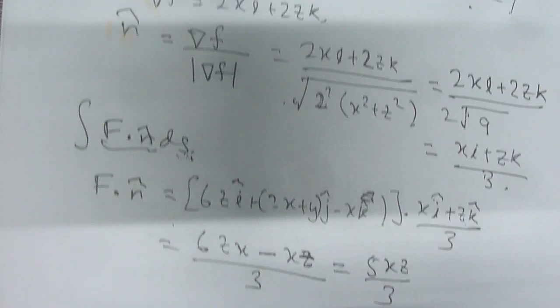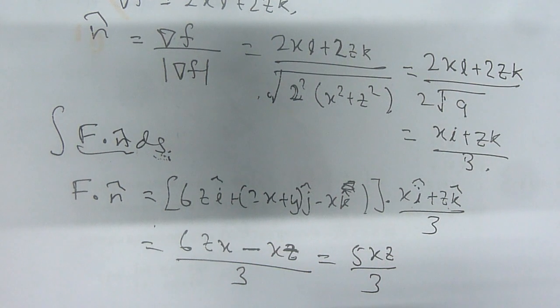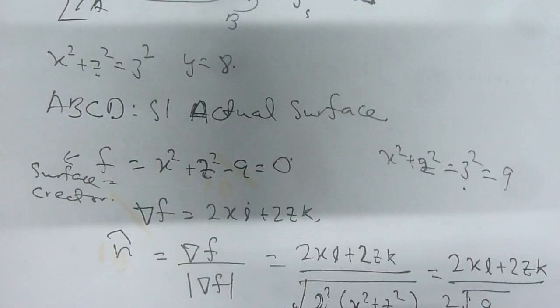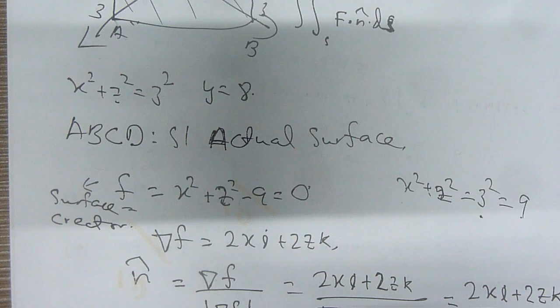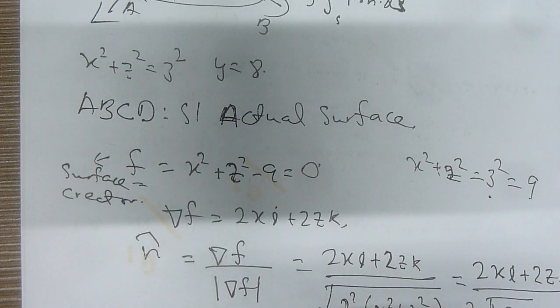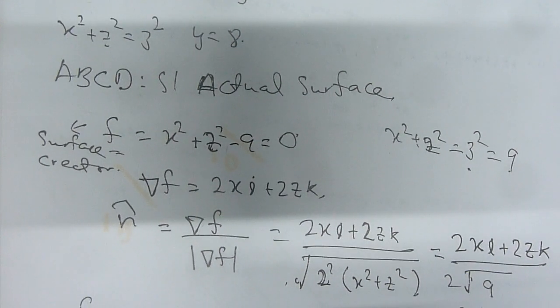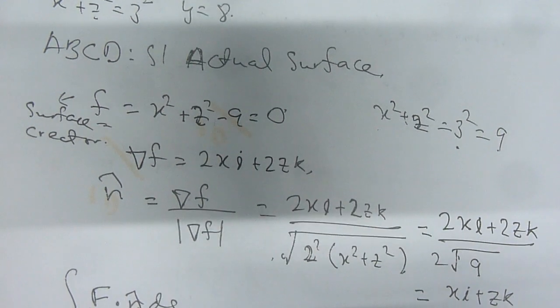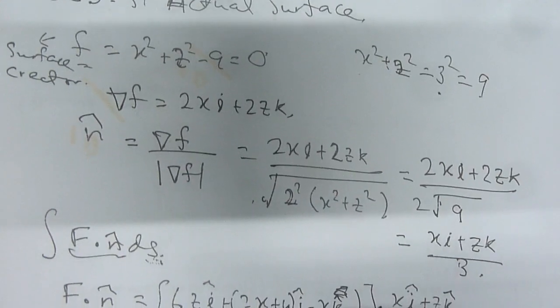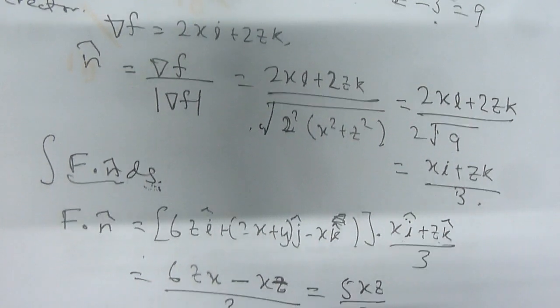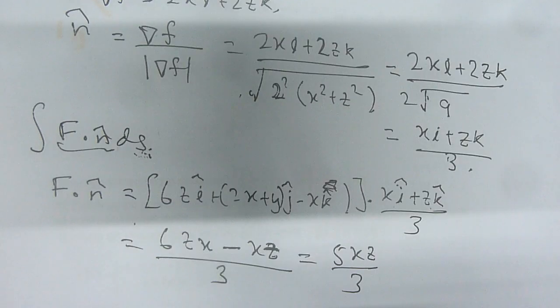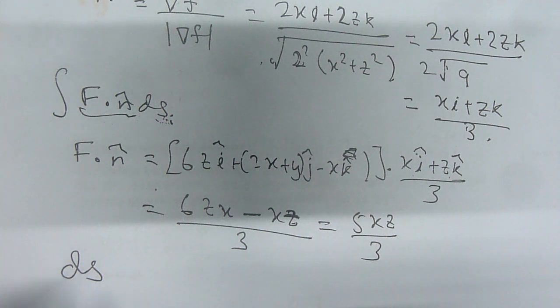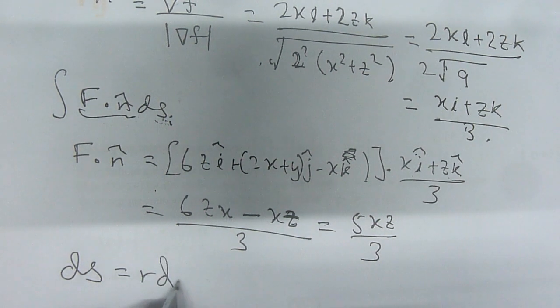Slow and steady. Can you follow? Can or not? Again, just copy step by step for the actual surface steps, how to calculate n and how to go for F dot n. First you need to calculate F dot n. What about dS? dS is r dθ dy.